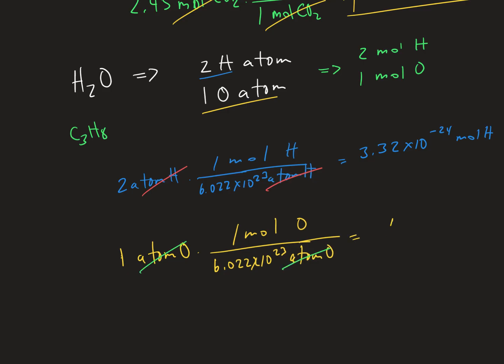And we get 1.66 times 10 to the negative 24 moles of oxygen. Now somebody calculate this for me. What is the ratio of moles of hydrogen to moles of oxygen? So 3.32 times 10 to the negative 24 divided by 1.66 times 10 to the negative 24.